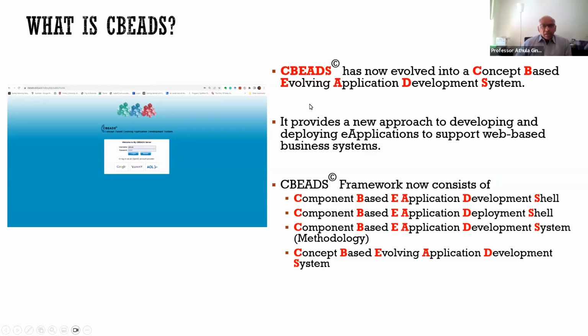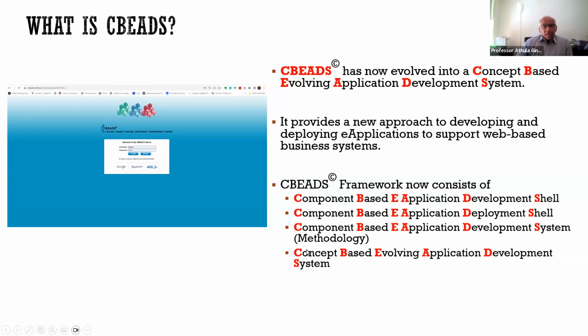And again, that name evolved over time, just to give you a flavor of it. The initial thought was component-based e-application development shell, as I was working with businesses. Then it became component-based e-application deployment shell, because we found we can also deploy, not only develop, in the same framework. Then component-based e-application development system, because there was a methodology that evolved around it.